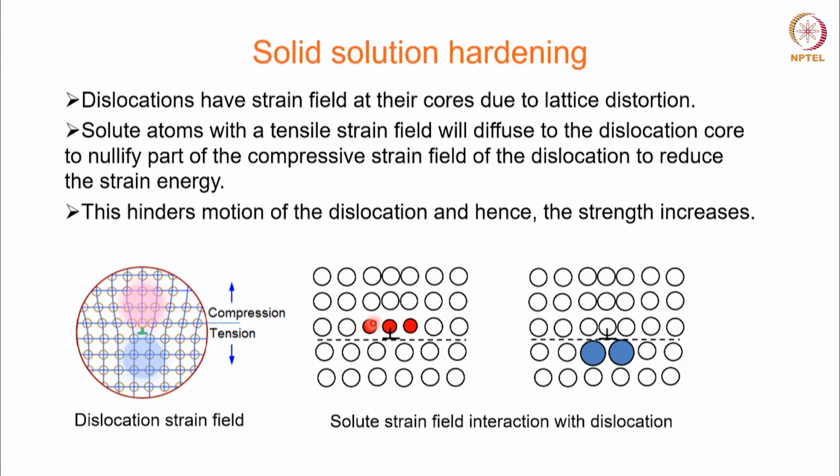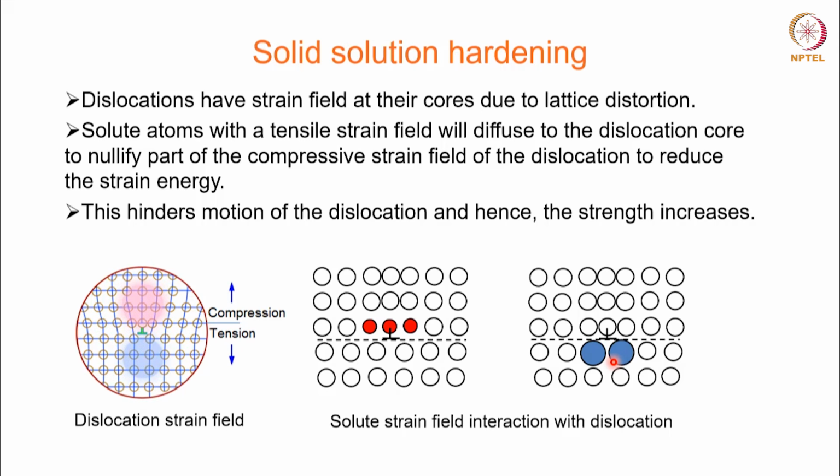So you can see that smaller solute atoms will be accommodated in the compressive field above the dislocation line or above the slip plane. Similarly, the larger solute atoms which induce a compressive field will be accommodated below the dislocation line to nullify part of the tensile stress field that the dislocation has in that region, right?